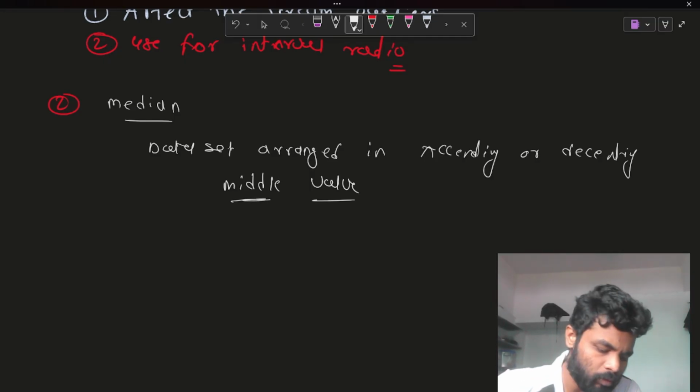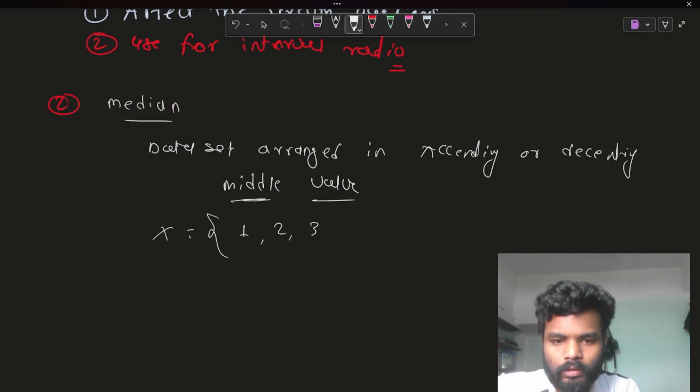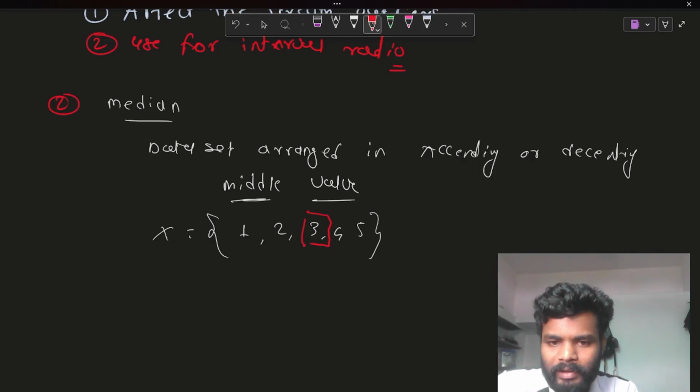But the problem is, say we have a data set: one, two, three, four, five. We simply understand that the median is three. But what happens when we add one more point, six?